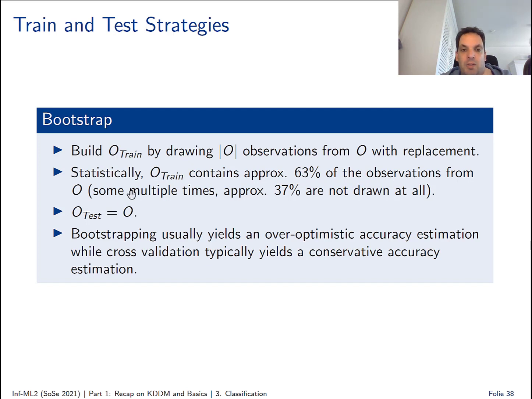Some are drawn multiple times, and some of the original set will not be drawn at all, and that will be 37%. So we get only approximately 2/3 of all the observations into the training set. The test set will be the entire set in that case. Bootstrapping usually yields an overestimated accuracy, cross-validation usually is conservative, but that doesn't mean it's always the case. You can try different things here, of course.